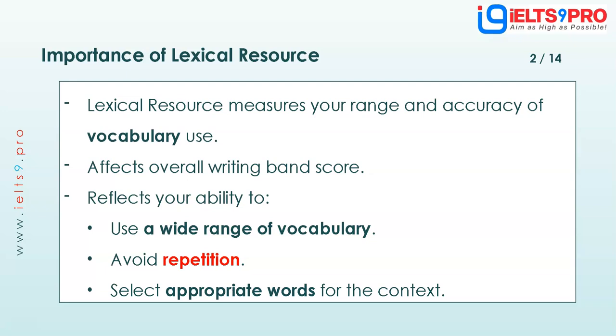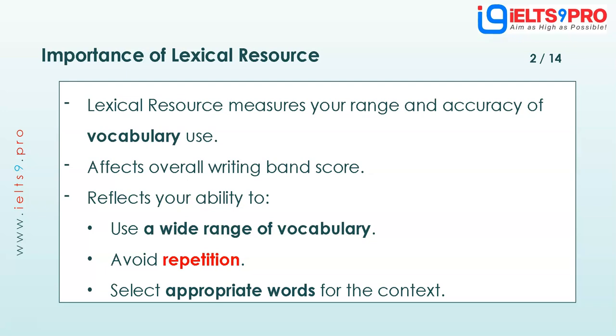So if you ever look at the criteria in detail, you can download the official criteria from British Council, IELTS.org, IDP, etc. So as well as being accurate to get a high score, you have to show a wide range of vocabulary. Now, this is a common problem of synonyms, which I've mentioned before in many videos, in many essay review and introduction videos.